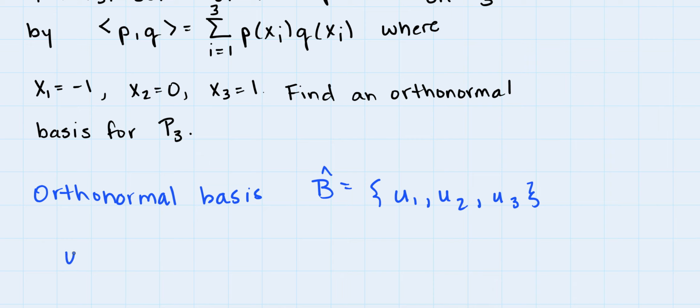And how we find u1 is we take the very first vector and multiply by 1 over its length.